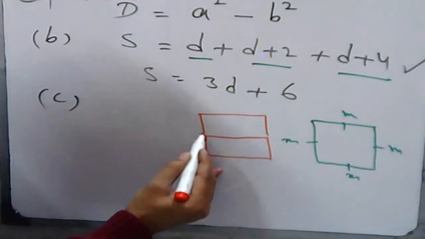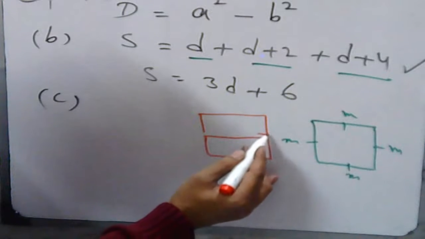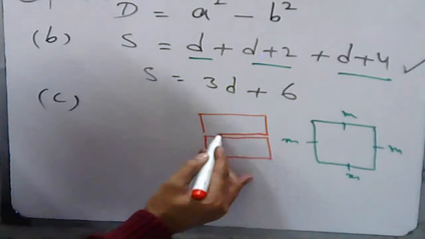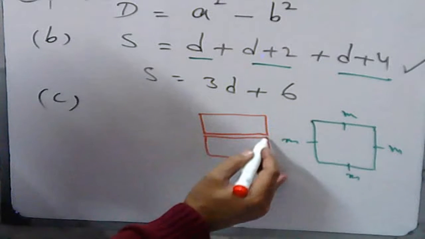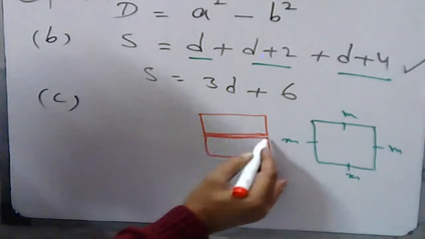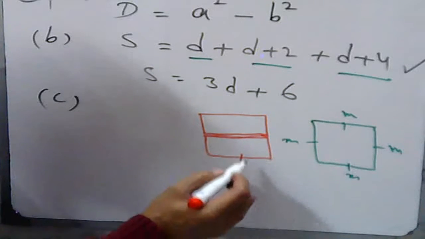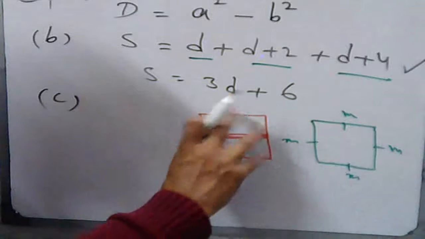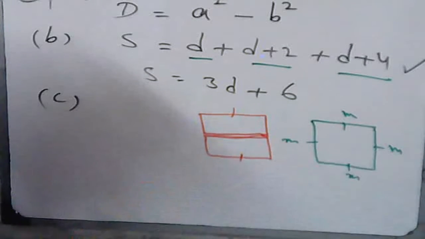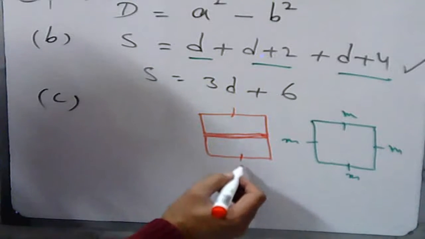It seems to be a square because this portion is very near to each other. So the first rectangle and second rectangle, both rectangles combine to form a square. Suppose these rectangles have these sides, n side and s side, that is your n centimeter and that is your s centimeter.